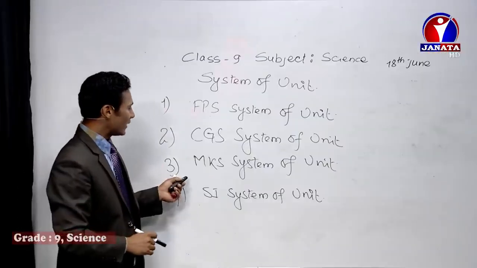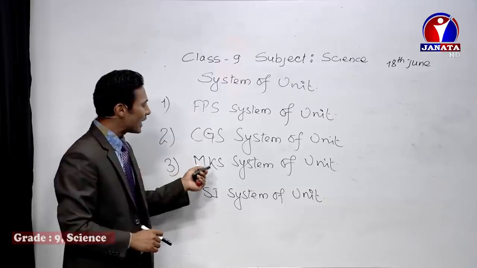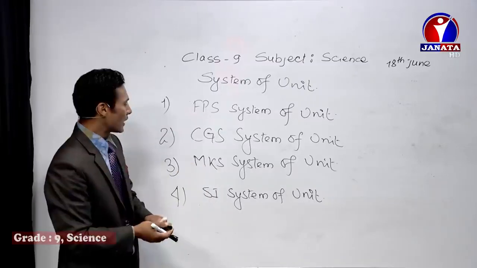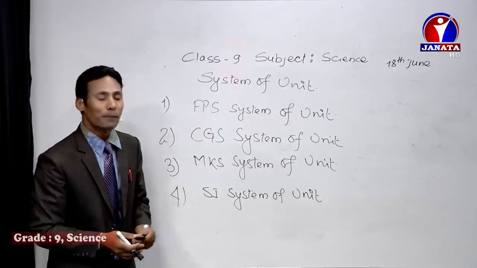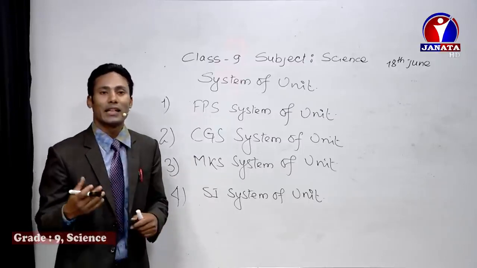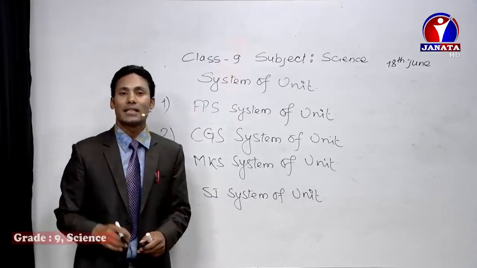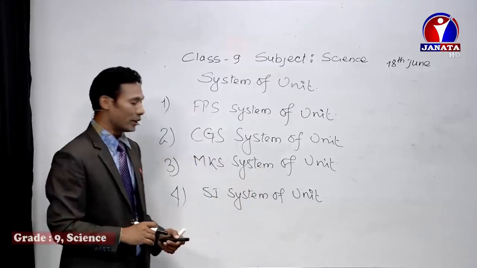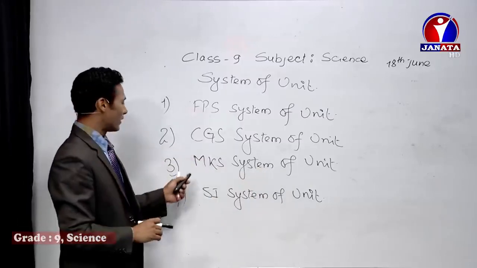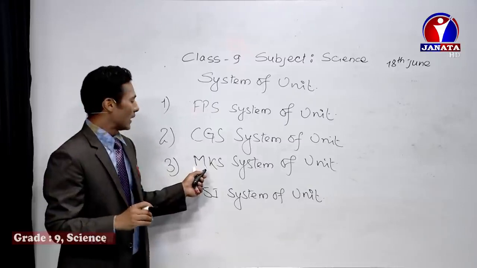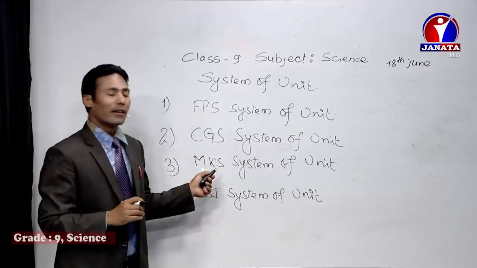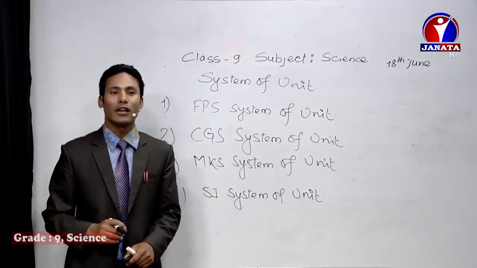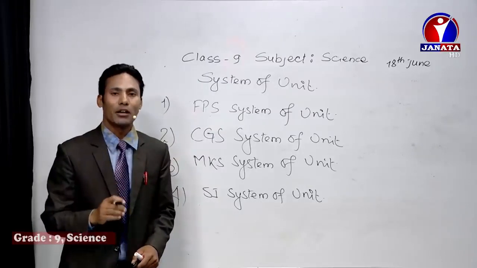So the second last one is there, MKS system of unit. So the same pattern you can follow for defining this. This M, it's a meter, K, it's a kilogram, and the S, it is the second, that is time. So let's define the system of unit in which length is measured in meter, mass is measured in kilogram, and the time is measured in second, is called the MKS system of unit.